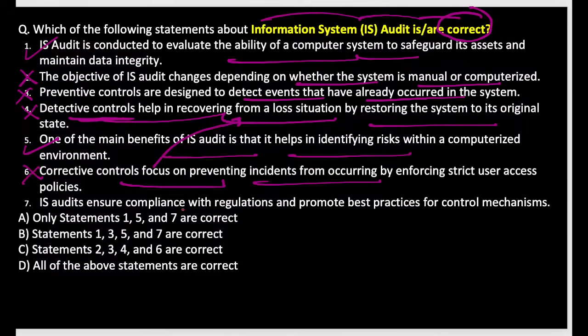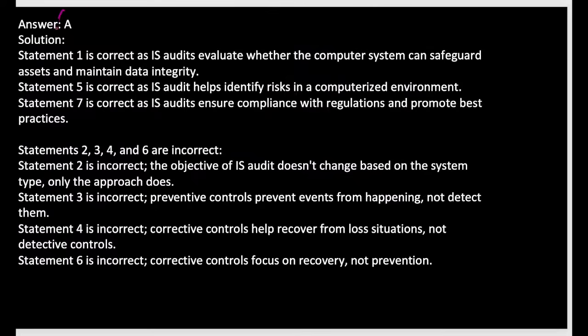IS audit ensures compliance with regulations and promotes best practices for control mechanism. 100% true, right? So what we have to find out is the correct statement, 1, 5, 7. So option A will be the right answer for this question, right? So these are the incorrect statements with regard to IS or information system audit. Please do remember this one, okay?